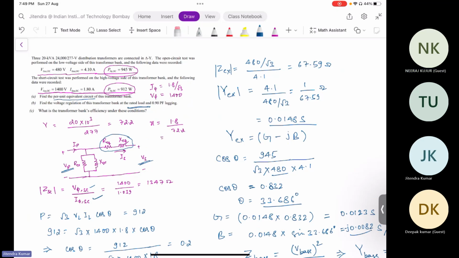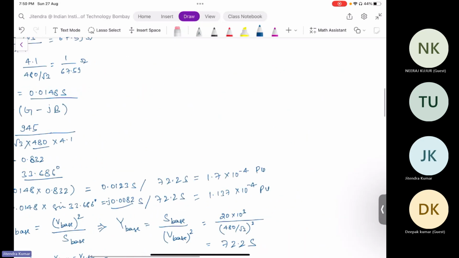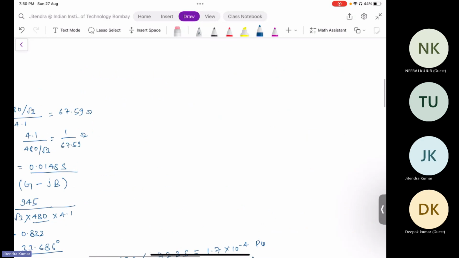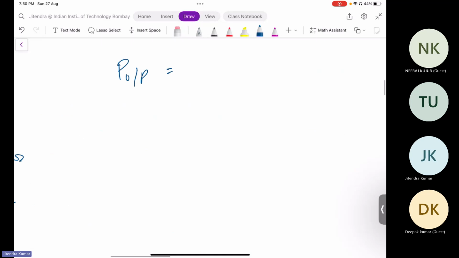We can compute output power because in part B we are given the power factor and rated load. Rated load means secondary side current is 1 per unit, and secondary side voltage is also 1 per unit. So let me write output power as Vs Is cos theta.